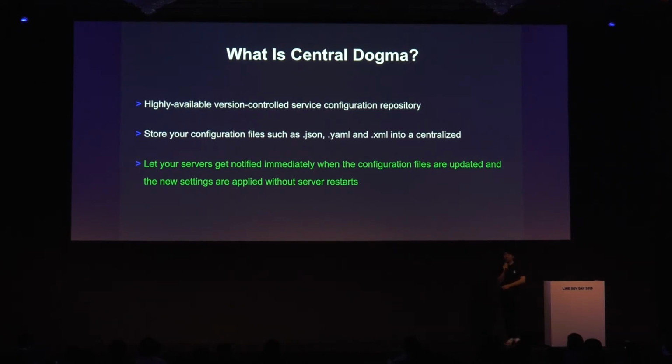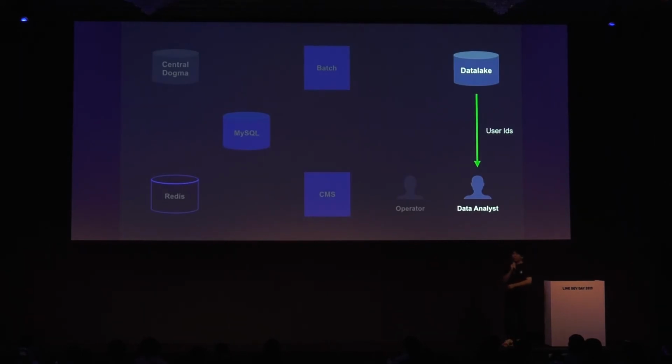If there's any change in the files, the latest information will be stored on the client side. Based upon that understanding, let me take you through the architecture. Data Lake stores, Data Lake is the large-scale internal Hadoop cluster storing the user information. So Line News is using that information for the manual recommendation.